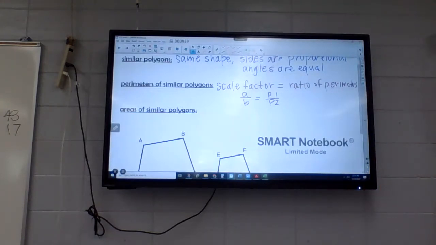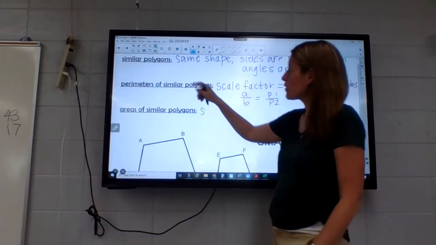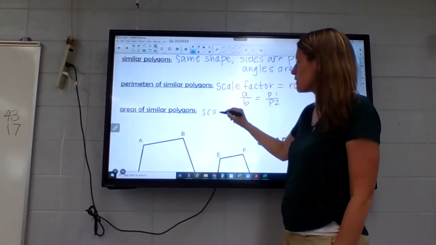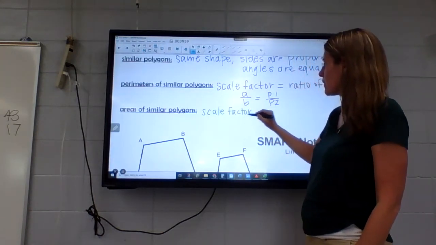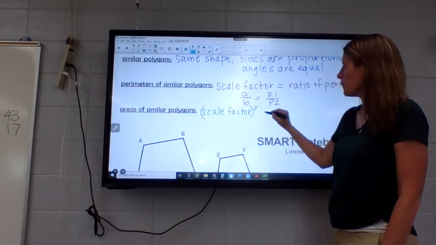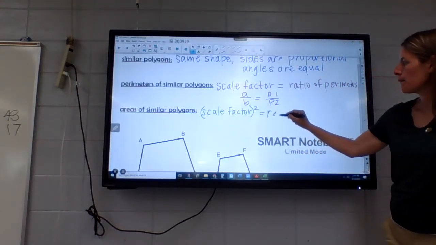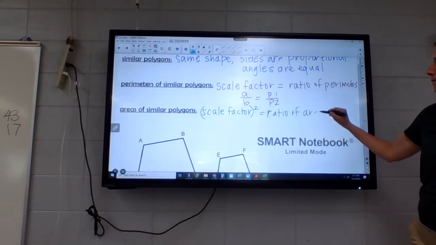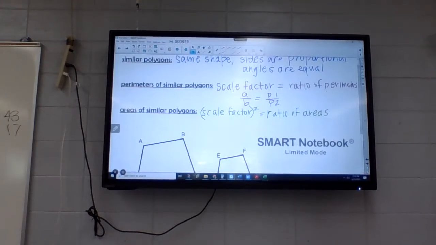But the scale factor is equal, we're going to take the scale factor and square it. Oh, that might be it. That might be why I was messing that up.